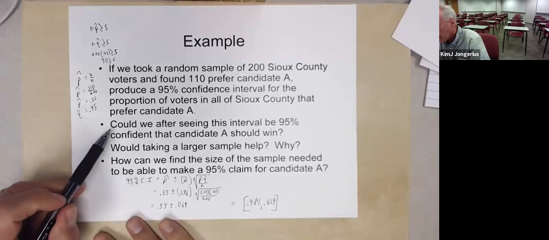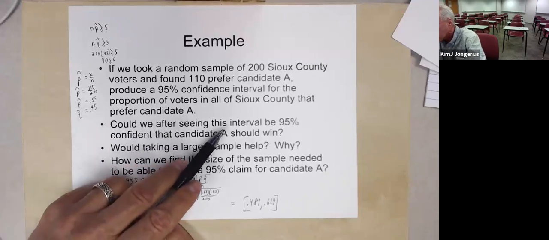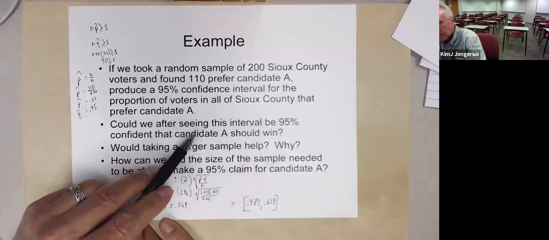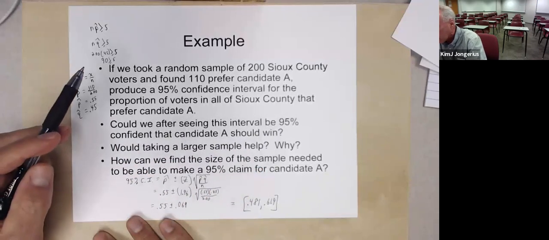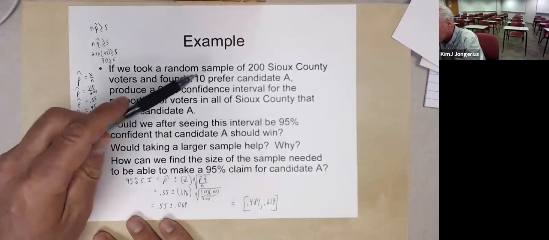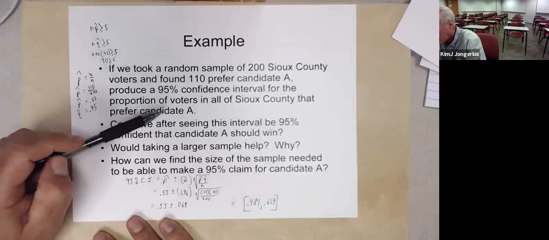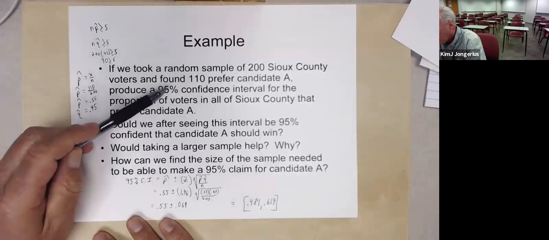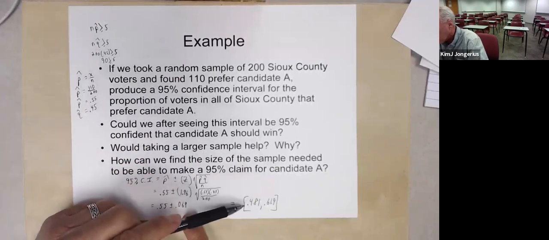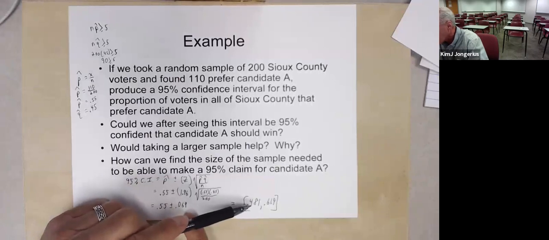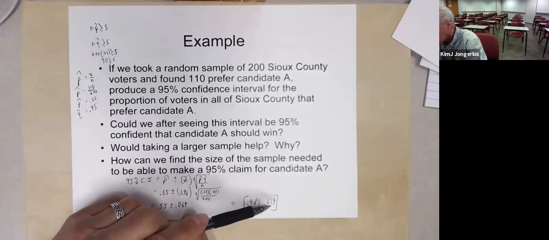The question we have here is, could we, after seeing this interval, be 95% confident that candidate A would win? 110 out of the 200 in our sample would have voted for candidate A. Our confidence interval is predicting that the true population will be somewhere between 48.1% and 61.9%.